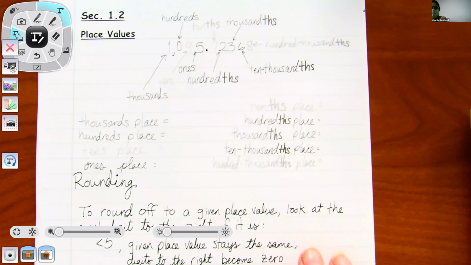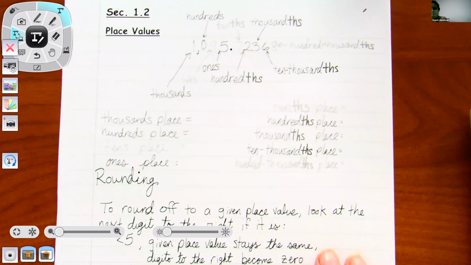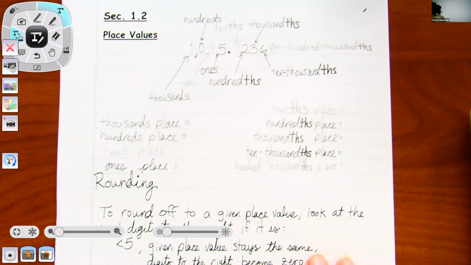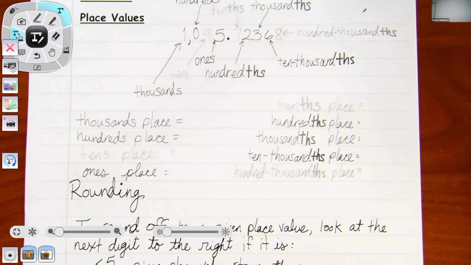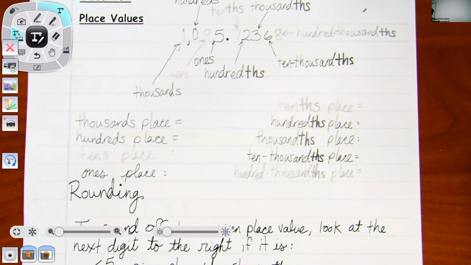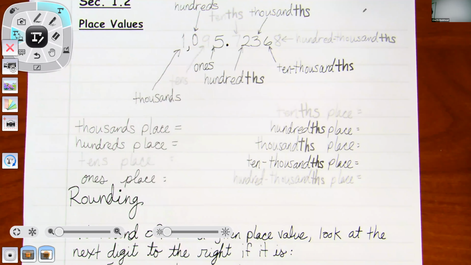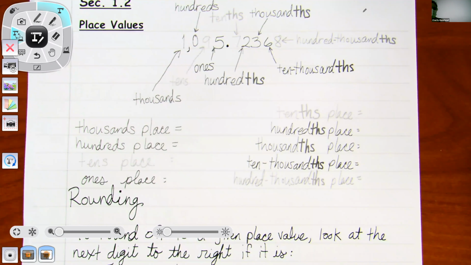I wanted to put this in color, but maybe not. It's okay. It's not that big of a deal. Yeah, okay. If you have it printed out, yeah, you can read it.